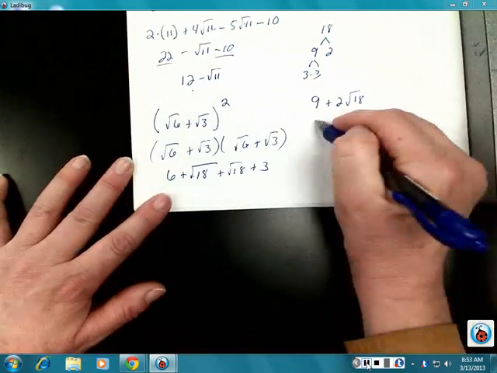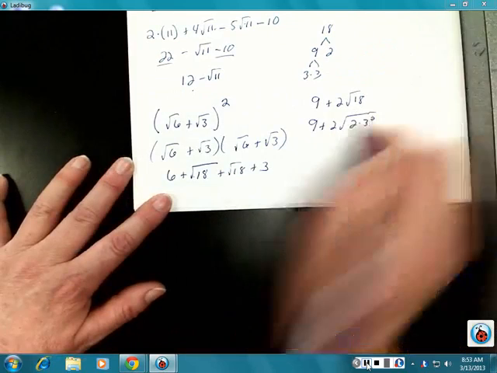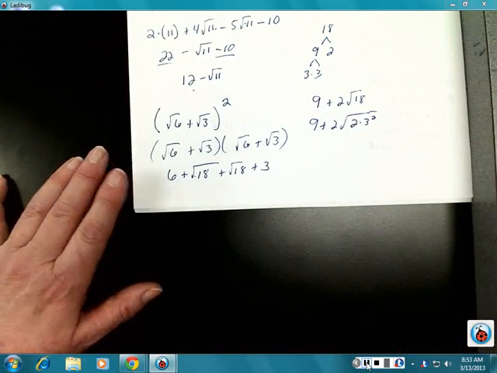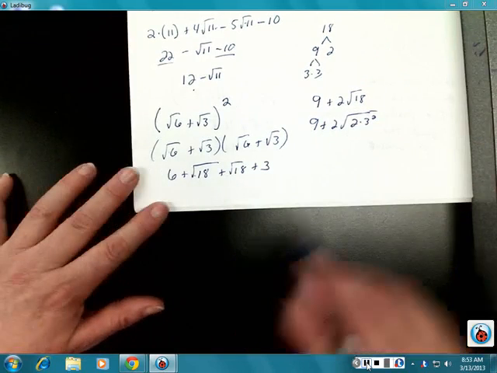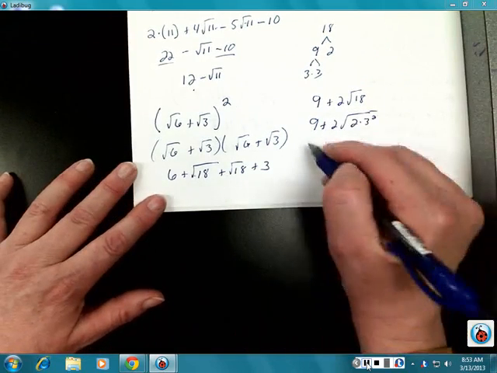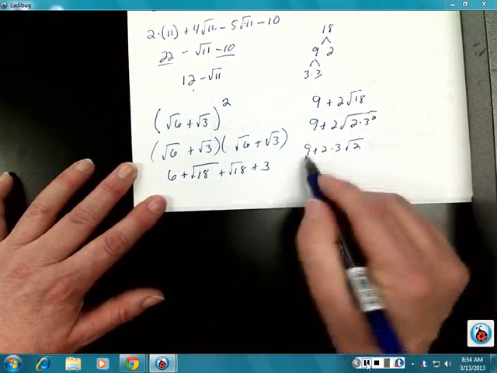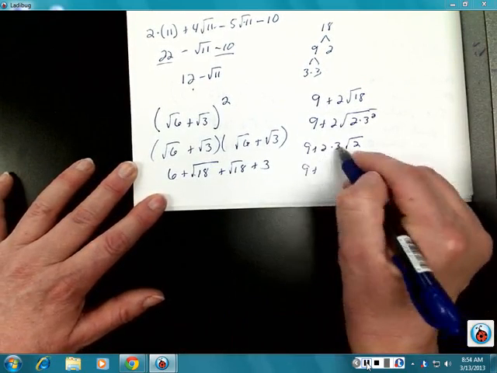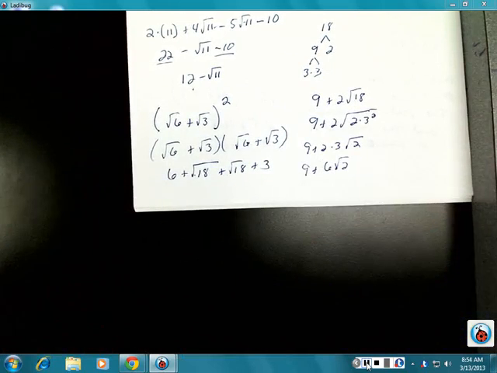So really, I have 9 plus 2 to the square root of 2 times 3 squared, or I can pull out a 3, right? 9 plus 2 times 3 to the square root of 2, or I have 9 plus 2 times 3 is 6 to the square root of 2. So it's going to tell you it's not simplified. All right, so be careful with that. You got to break everybody down to their lowest of what they could possibly be.